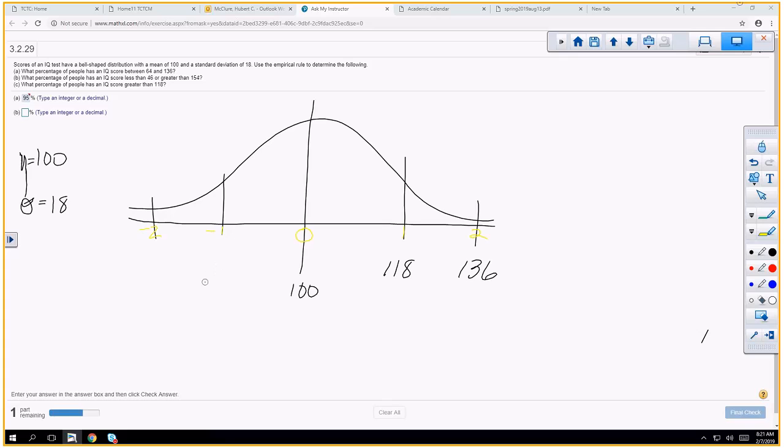I don't know, what is it? Yes. And what's 82 minus 18? 64? Yes. So there's that. Draw your percentages. I'm just going to go with 2.5 here, and 13.5, and 34, and 34, and 13.5, and 2.5.